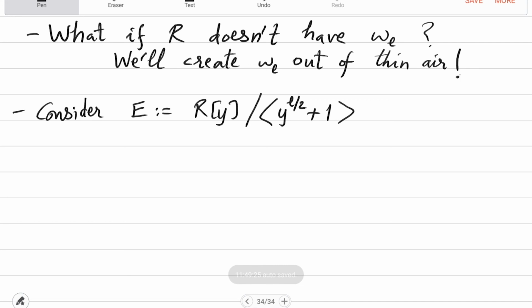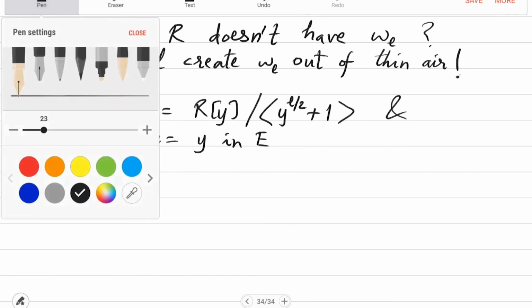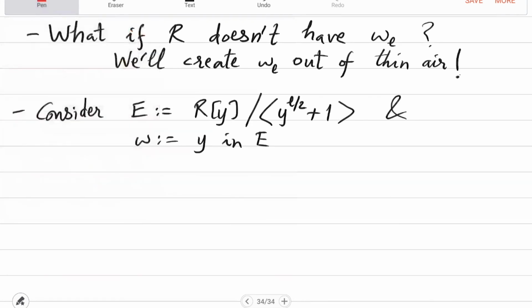So we consider E to be this, and we take omega to be now this y. That's the solution to work with omega when omega is not there.